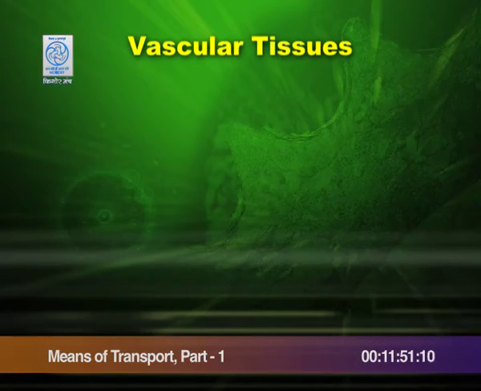Now, let us see how the bulk transport takes place. It takes place through 2 vascular tissues, xylem and phloem. In the xylem, the transport takes place from roots, and in the phloem from leaves.